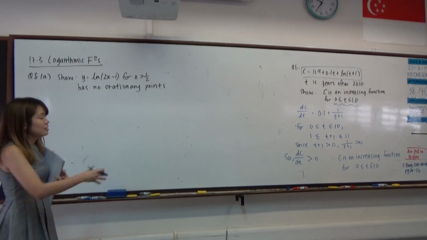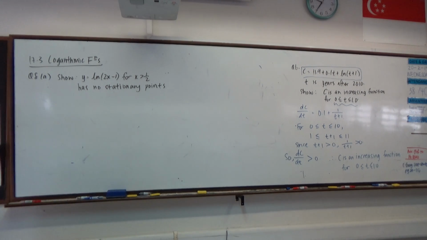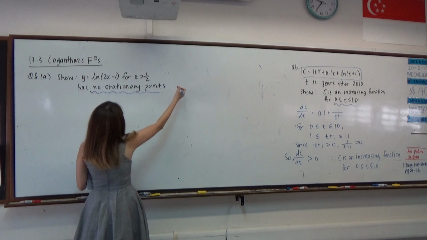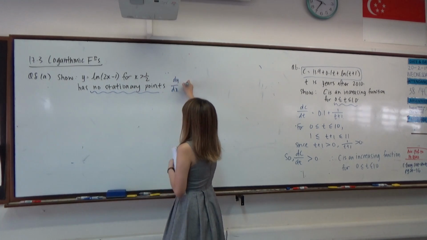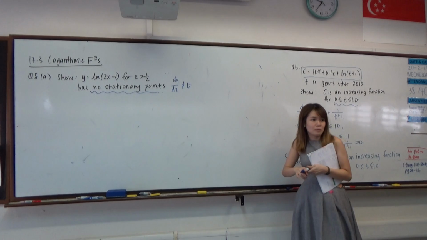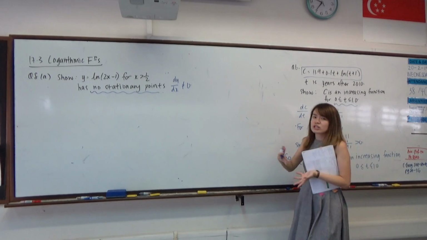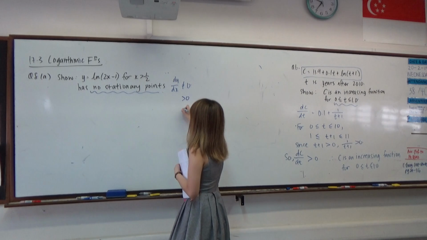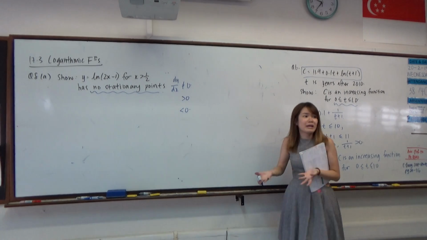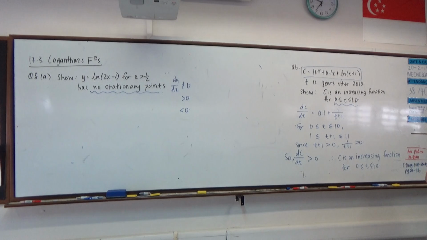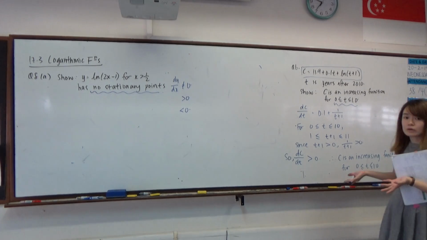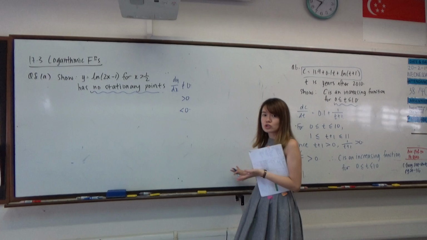So what is the final thing that you need? What is it that we need to show? dy over dx not equals to 0, because there's no stationary points. No stationary points means that your derivative is not equals to 0. Not equals to 0 could mean that it is more than 0 or less than 0. It could be either of these two cases, or simply not equals to 0. So that is the end thing that we need to show.